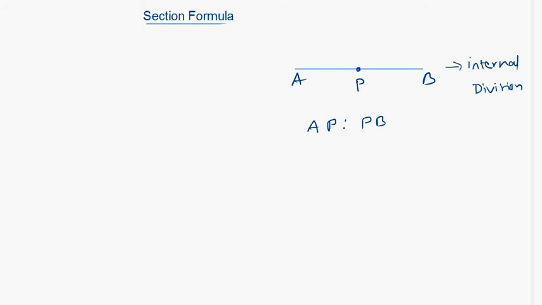And if the point P lies on the extended line AB, then P is said to divide the line segment AB externally.